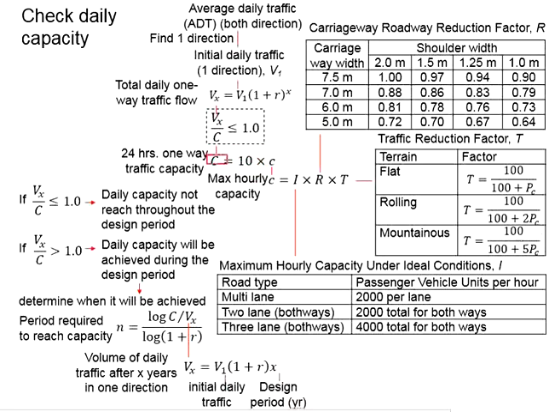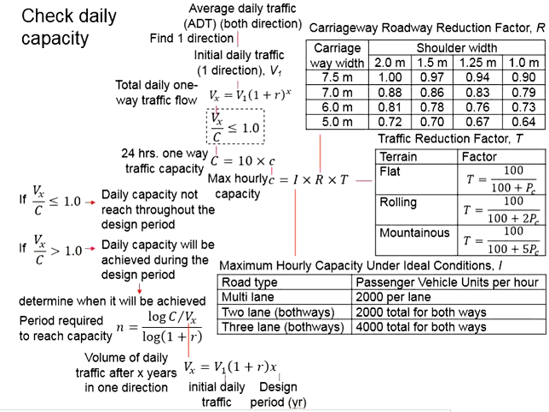Now that you have acquired the 24-hour traffic capacity, check it against the total one-way traffic flow at the end of the design period. If the capacity is greater, that means you will get a ratio less than 1.0, which is good. The road conditions are still okay throughout the design period. Now, if the capacity is lower, you will get a ratio of more than 1.0.